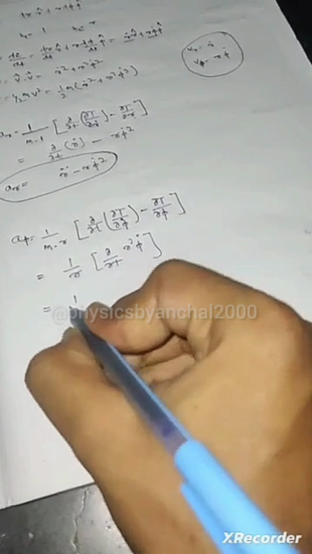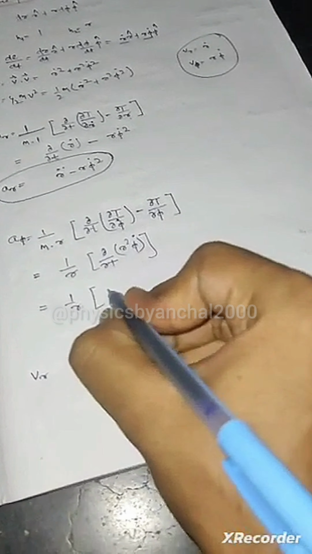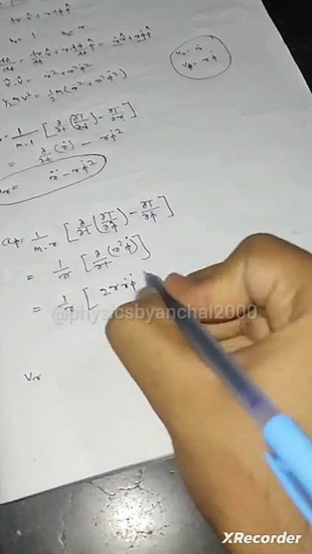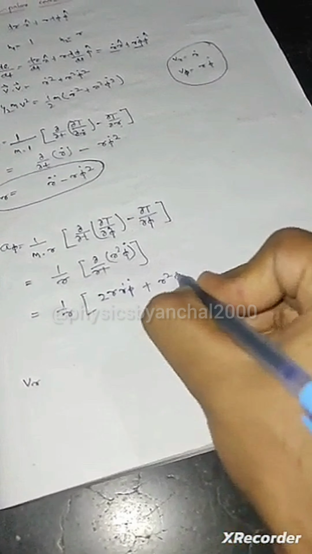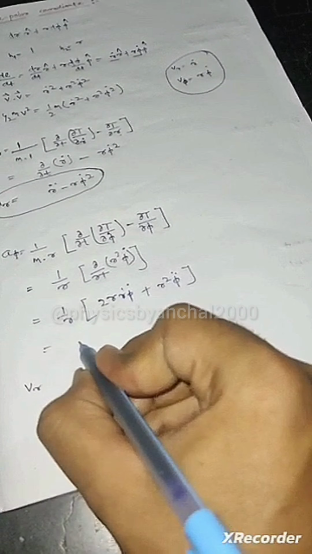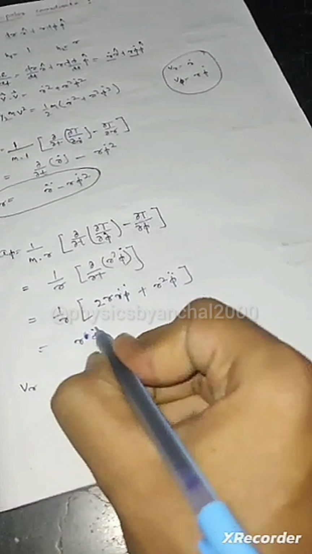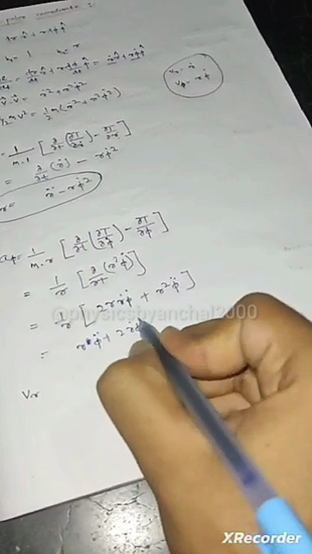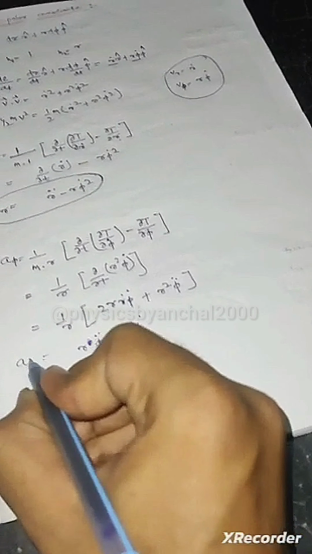If I extend it further, it will be 2r r dot phi dot plus r squared phi double dot, or I can write it as r phi double dot plus 2 r dot phi dot, just cancelling the r term.